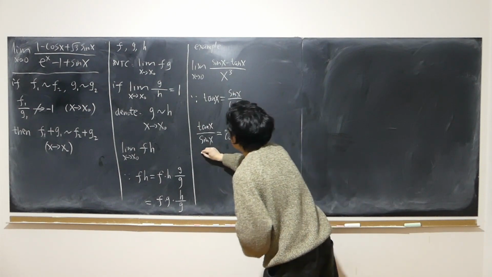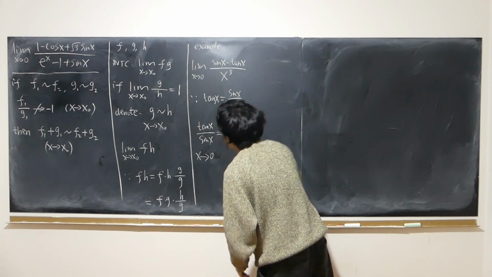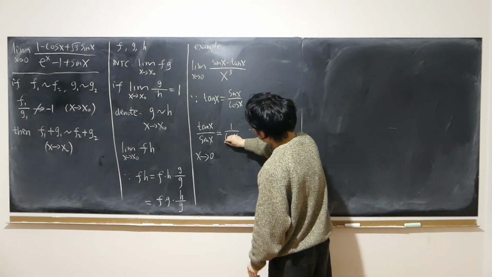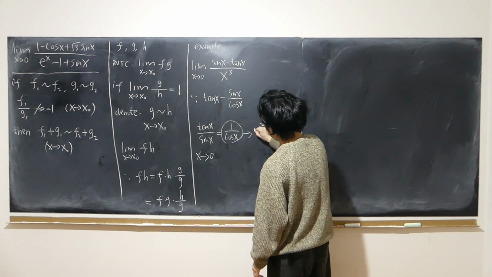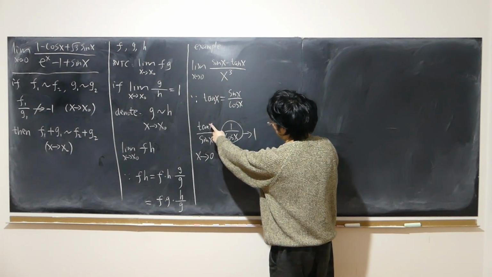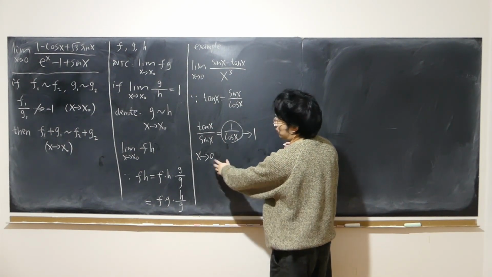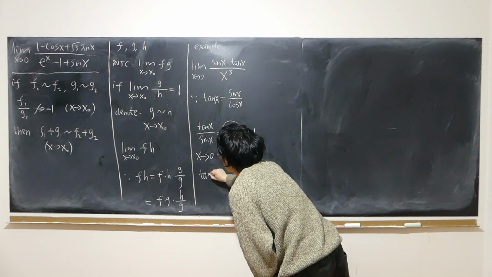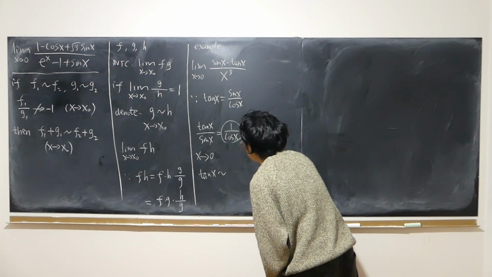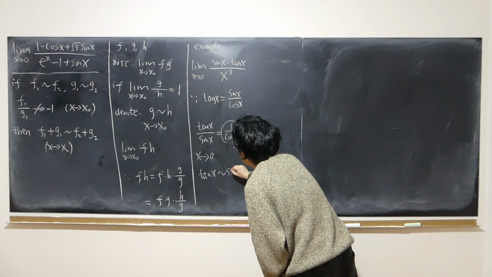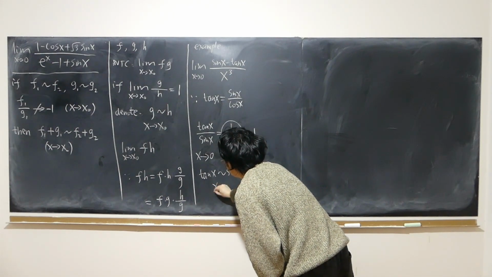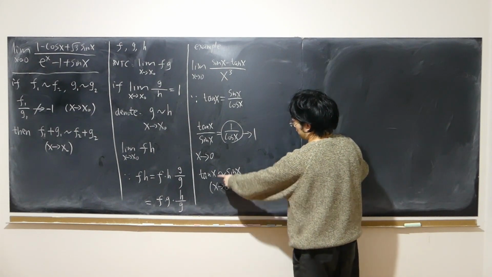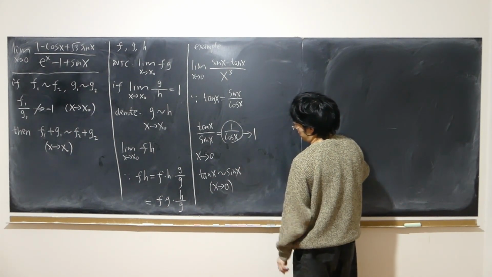If we let x approach 0, the right-hand side approaches 1, so the limit of tangent over sine is equal to 1 as x approaches 0. So tangent x is equivalently infinitesimal to sine x as x approaches 0, and they approach 0 at exactly the same speed.